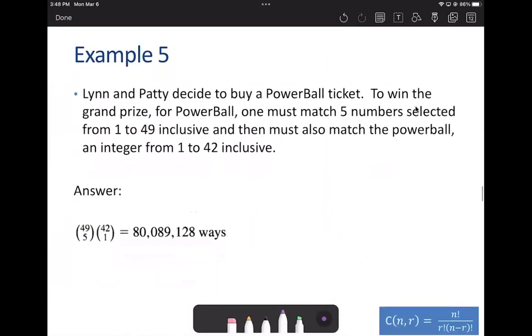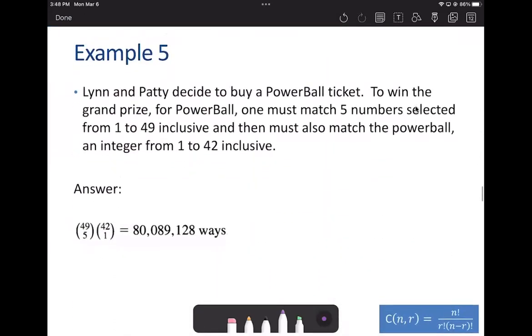Okay. So how about this second example? This is similar to the previous example. Here, Lynn and Patty decide to buy a Powerball ticket, and to win the grand prize, one must match 5 numbers selected from 1 to 49, and again, must also match the Powerball, an integer from 1 to 42.